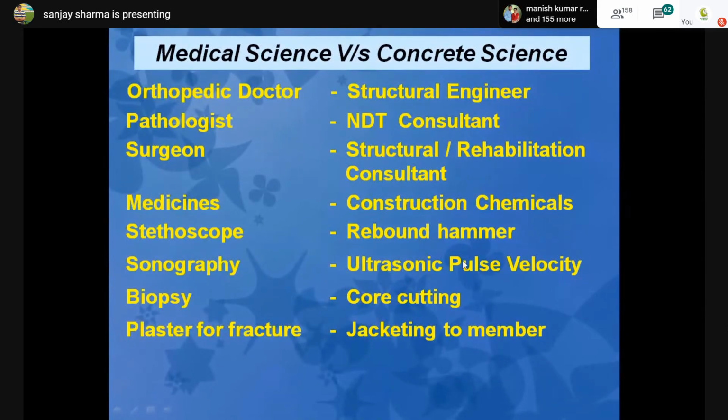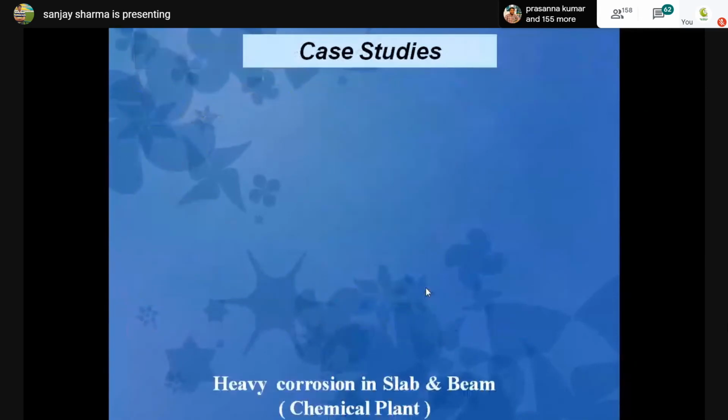Ultrasonic pulse velocity and sonography are very much similar basically. Only thing is that, because it is attached to the body, more sophistication has been reached there. It is a different sort of application, but yes, we can compare it.